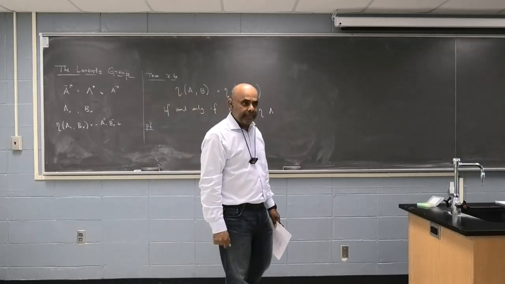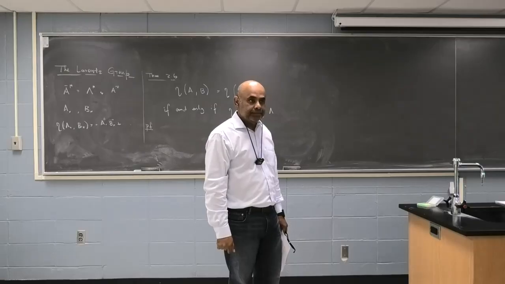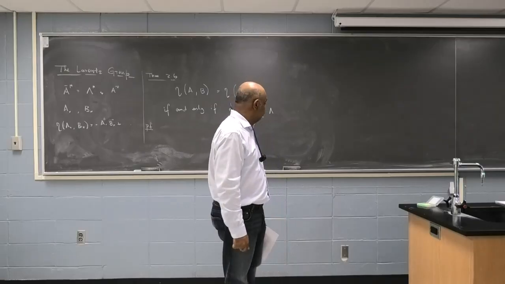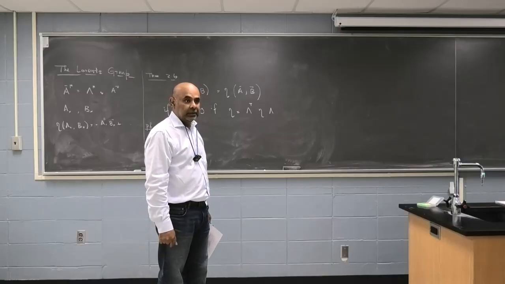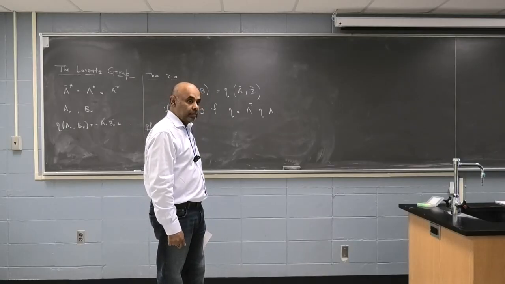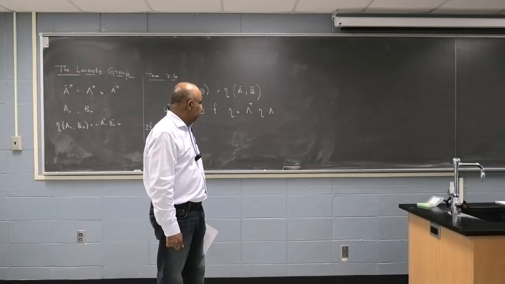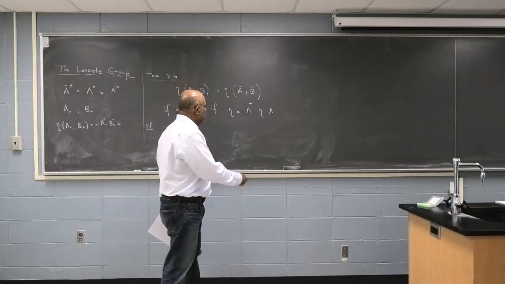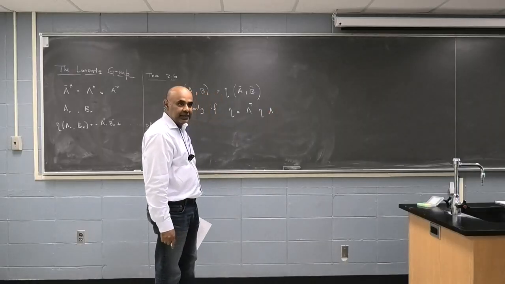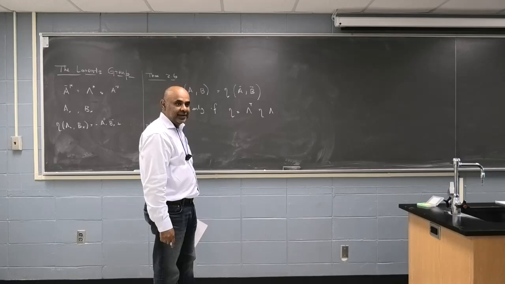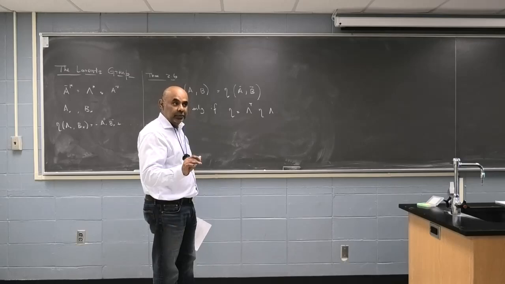Yes? We've already established that lambda transpose times lambda is equal to the identity. Correct. So isn't that just saying that eta is equal to eta no matter what? No, because how do you bring this lambda transpose to that side? You invert it. No, you don't invert it. And we don't know you can invert it.